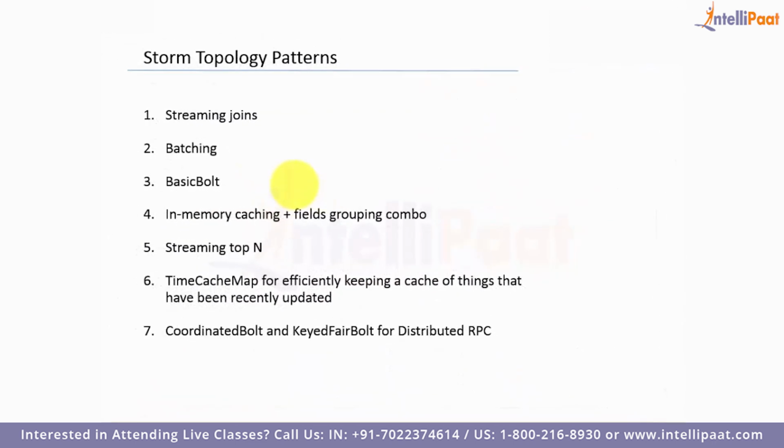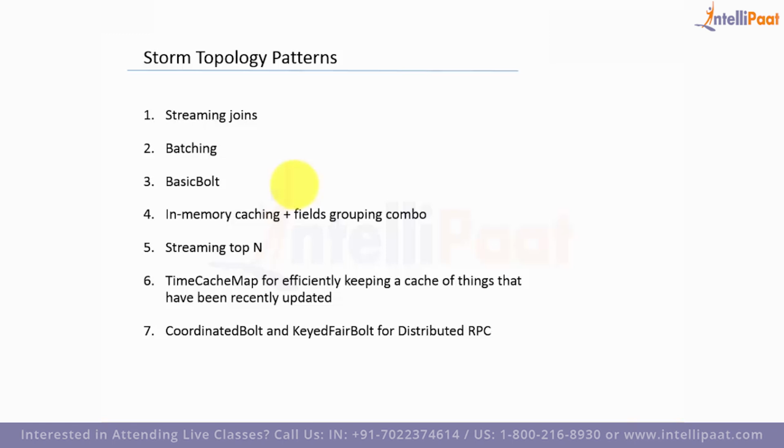Talking about topologies, let's take our time to discuss the different topology patterns available in Storm. We have 7 major topology patterns available in Storm. The first one is streaming joins. The second is batching. The third is basic bolt.